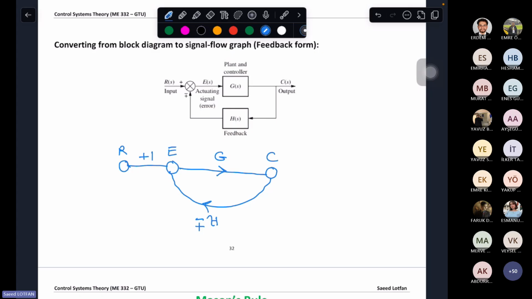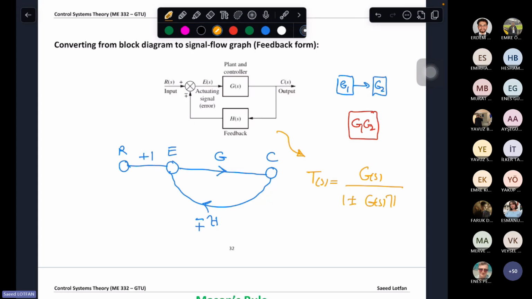We learned how we can simplify block diagrams, like the rules of cascade: if we have G1, G2, we can simplify them as G1 G2. Or if we have a feedback loop, what is the transfer function? It's feed forward G over 1 plus minus open loop GHS.